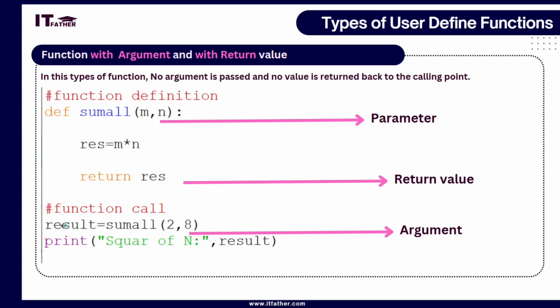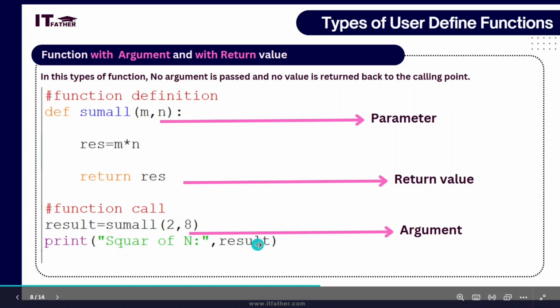So whenever we use a return statement, it means the function is not going to display the output directly on the console. It will return the value to the calling point. This is the calling point where the value is returned after calculation, and it goes to result, and then we can use result here as an output.